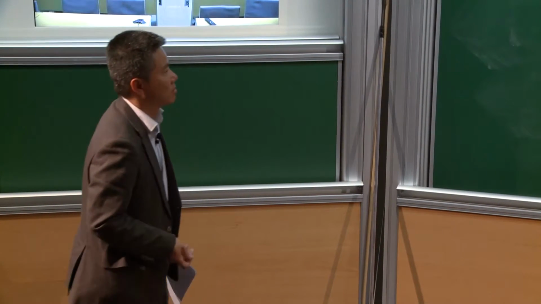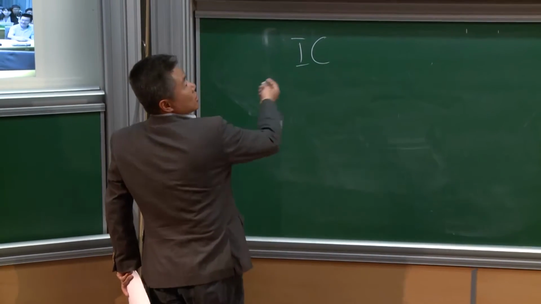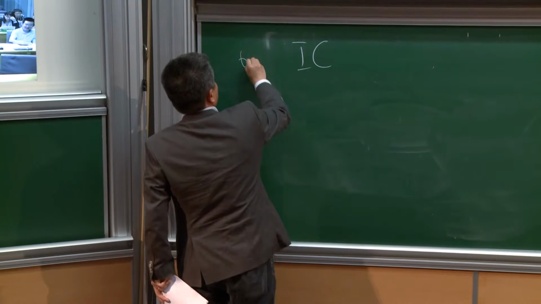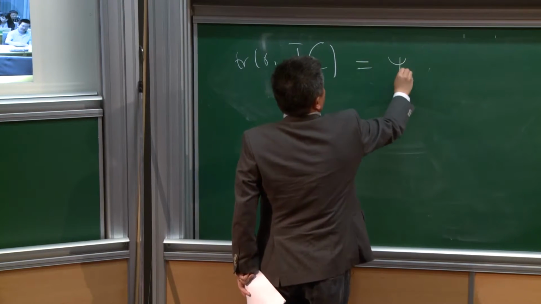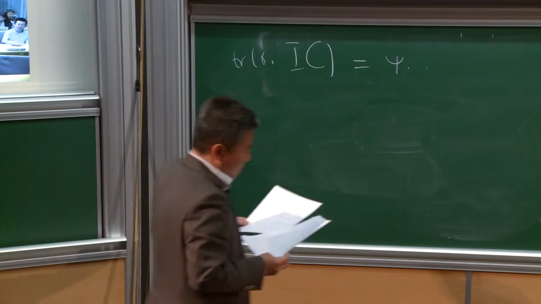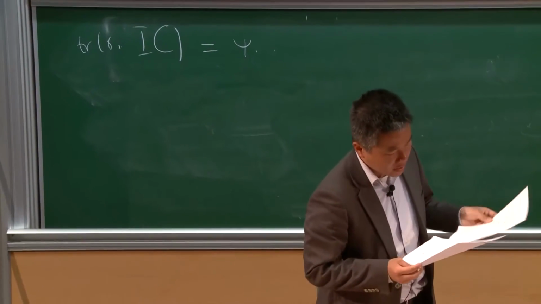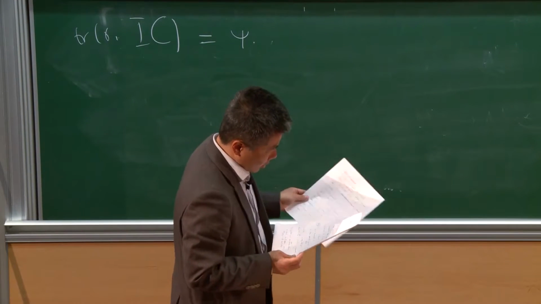Okay. So maybe this is known, but I see the function, the trace of Frobenius is psi. At least, I don't really understand this local space.